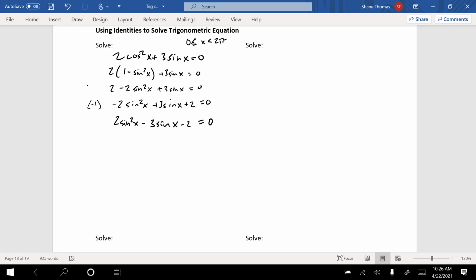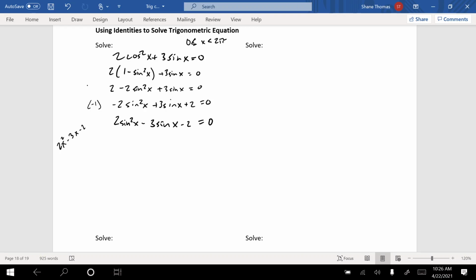Again, if you want to rewrite this to the side as 2x squared minus 3x minus 2 and factor it, you can go ahead and do that. That guy's going to factor with maybe 2x plus 1, x minus 2, I think.